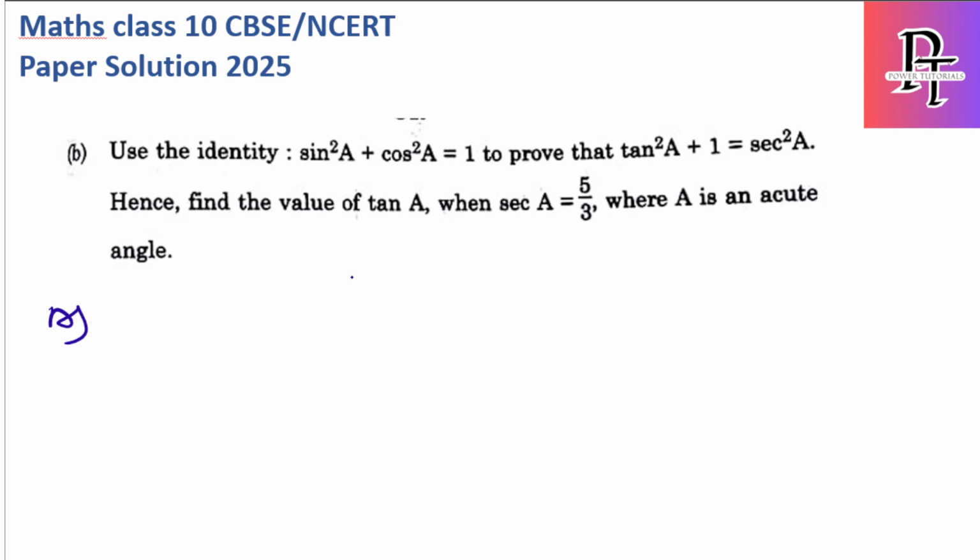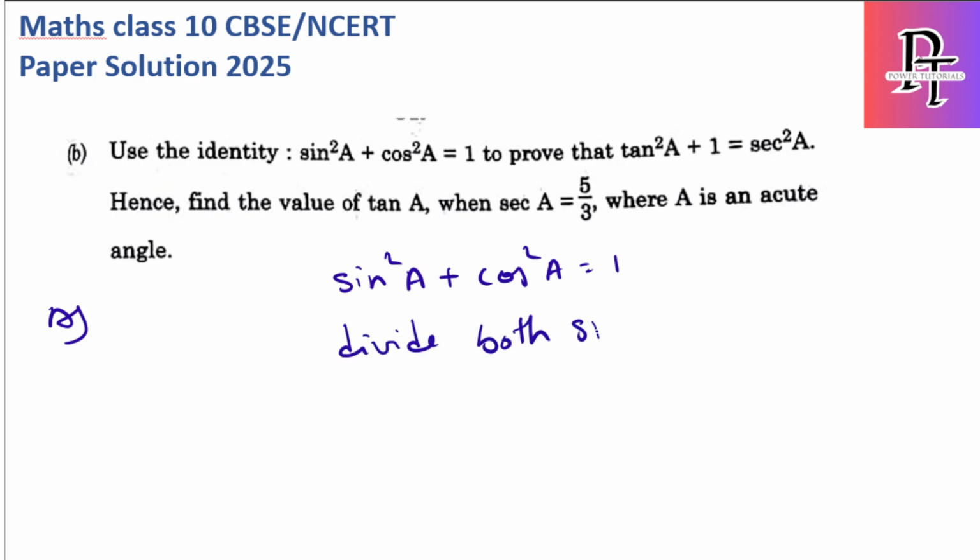So let's solve B part. We have the identity here. They want to prove this one. So first write the first identity, which is sin square A plus cos square A is equal to 1. Divide both sides by cos square A. If I divide, what will happen?